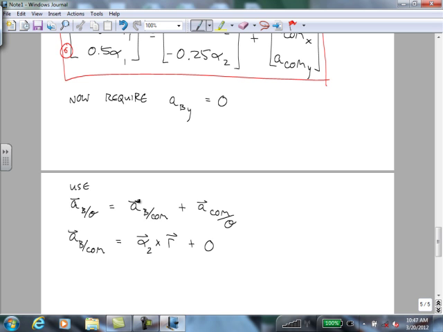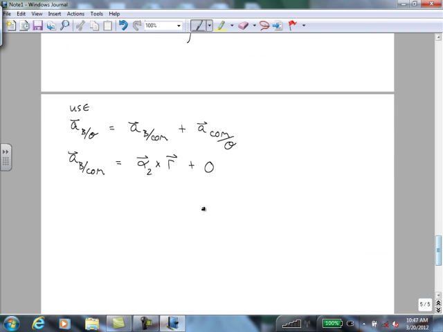I'll call this R3. So we have 0, 0, alpha 2 crossed with what's this vector? It has to point from the center of mass of body 2 to the point B. So positive 0.25, negative 0.433.